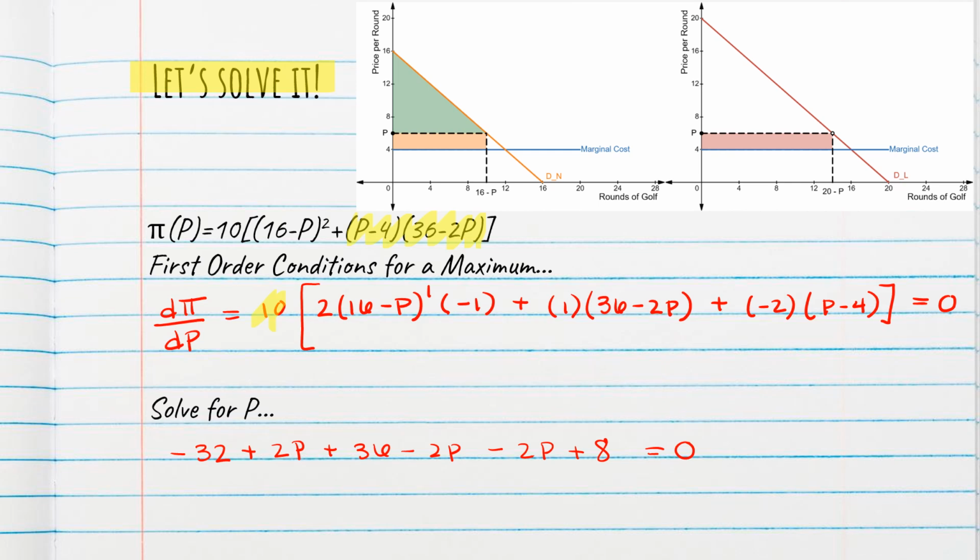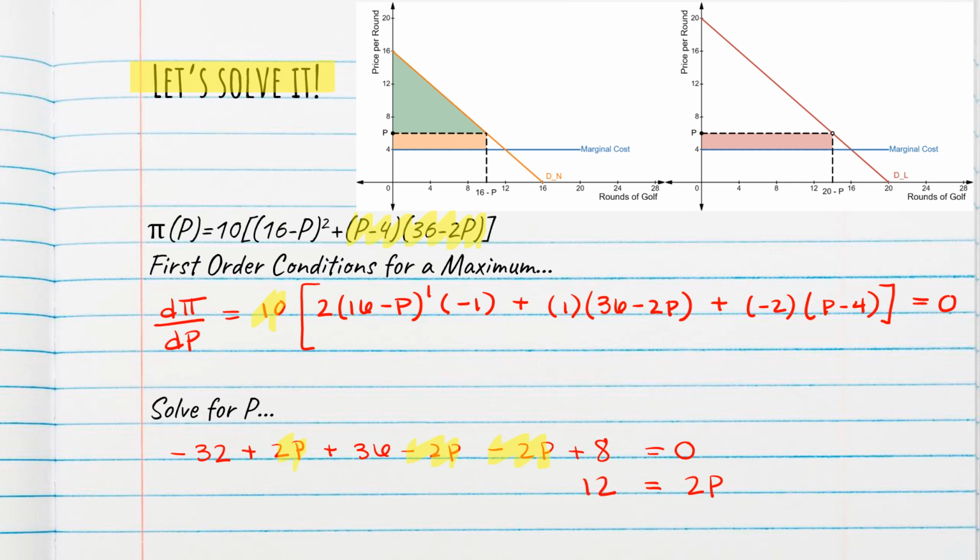Well, I'm going to highlight all the p's because that's really going to help me. I have 2p minus another 2p. Clearly, that leaves me with just minus 2p, which I'm going to shuffle over to the other side of the equation and call 2p. Now I need to deal with these constants. 36 minus 32 is 4, and 4 plus 8 is 12.